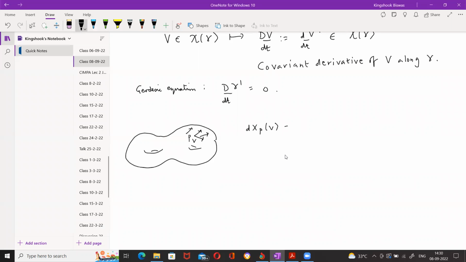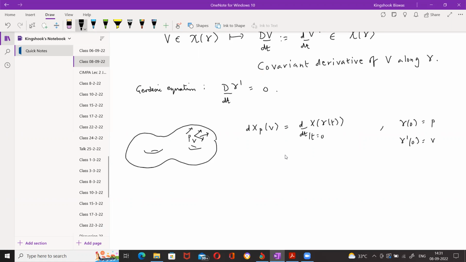I can write this as d/dt at t equal to 0 of X of gamma(t), where gamma is a curve such that gamma(0) is P and gamma'(0) is v.